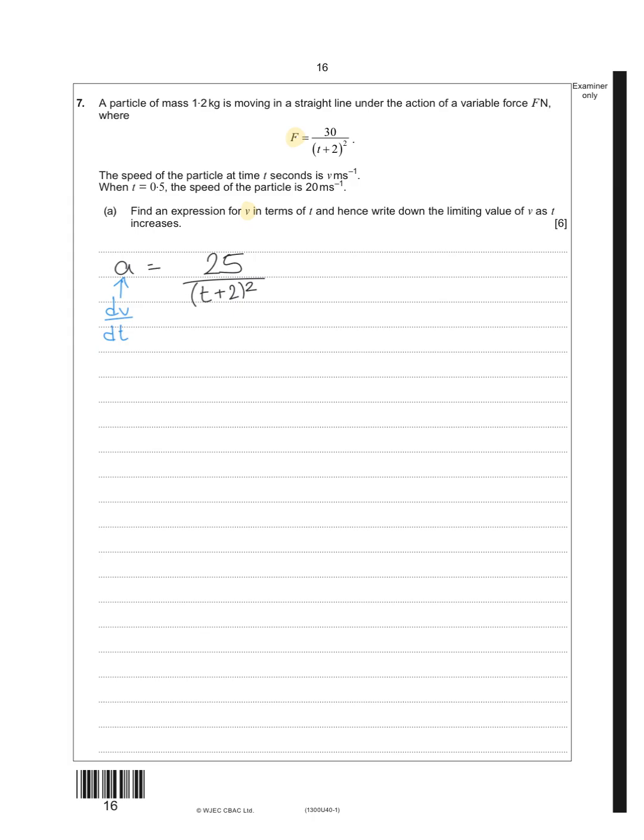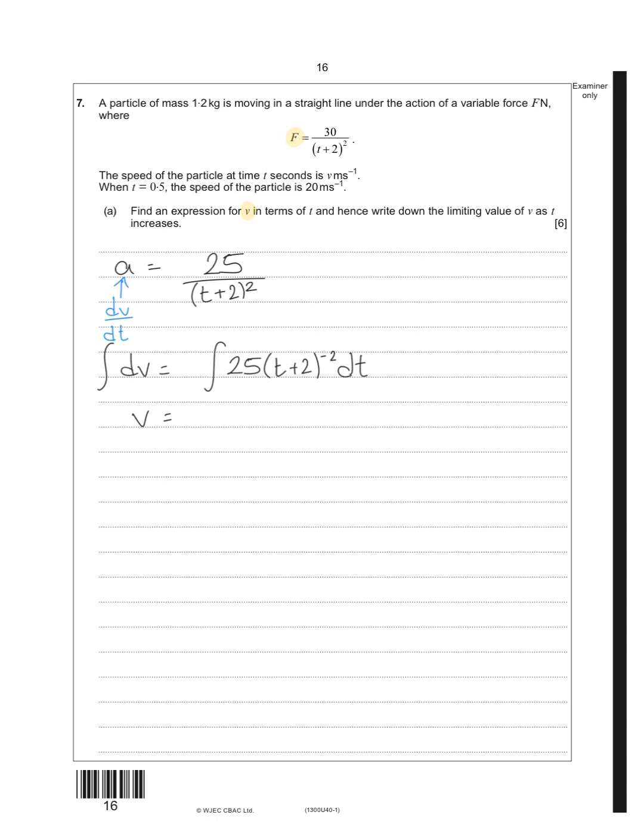I'm going to separate the variables and integrate. So dv is equal to 25 t plus 2 to the power minus 2 dt, and I'm going to integrate both sides. Because I want an expression for v, I'm going to put the constant of integration on the other side.